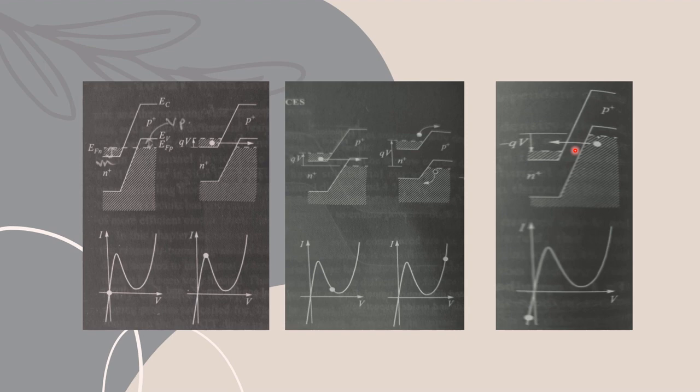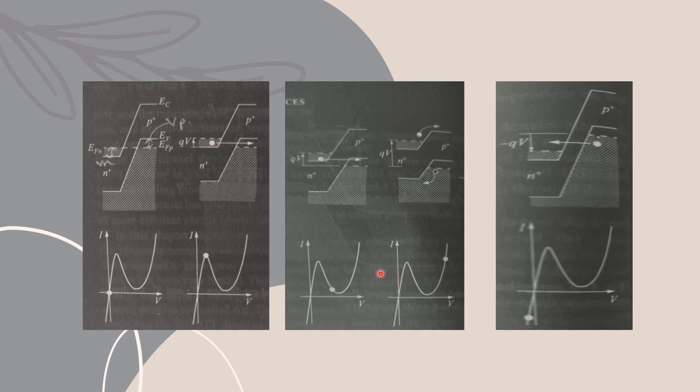Consequently, the tunnel current increases with increasing reverse bias, and this portion is represented as this, and here we see the current increases monotonically, right?